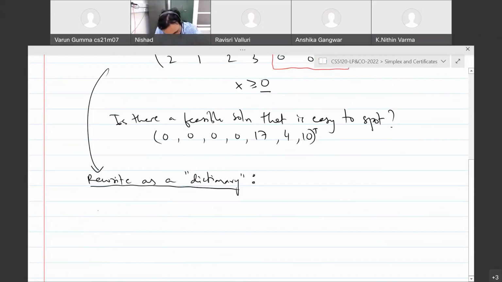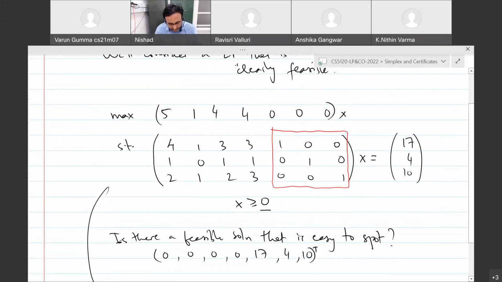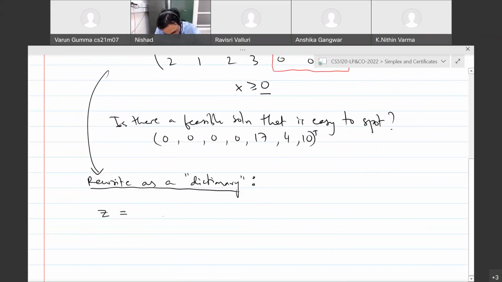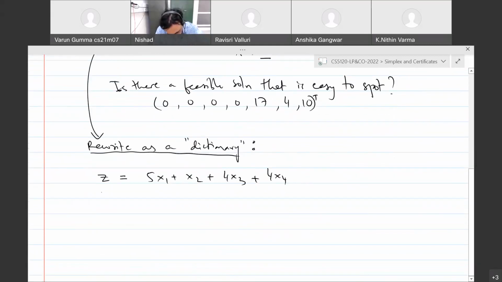So I'm going to start with the objective function, which is 5x1 plus x2 plus 4x3 plus 4x4. And then I'm going to write all of these variables, x5, x6, and x7, in terms of the other 4 variables.